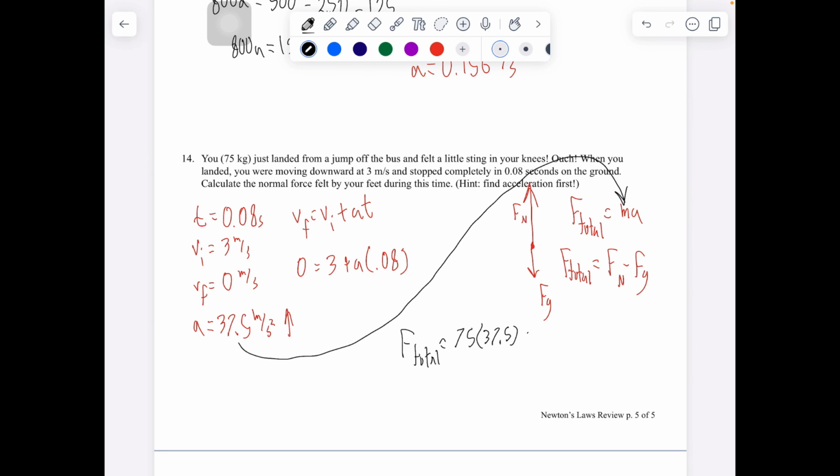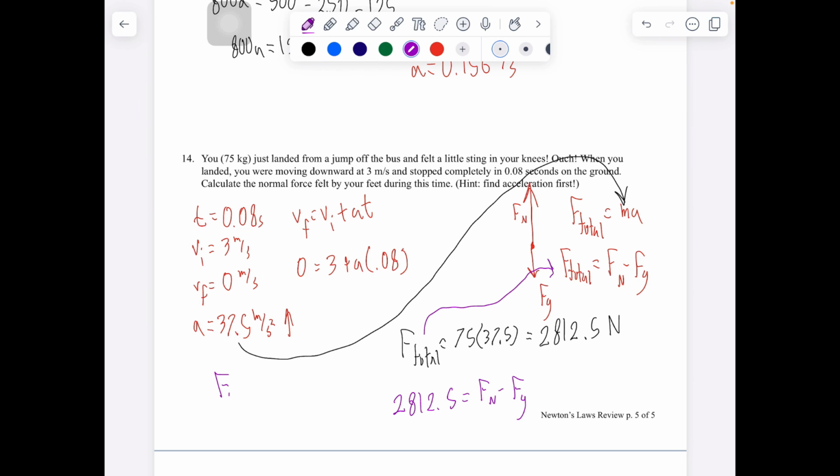That gives us a total force of 2,812.5 newtons. We can then take that and plug it in here. So our total force, 2,812.5, is equal to normal force minus the force of gravity.